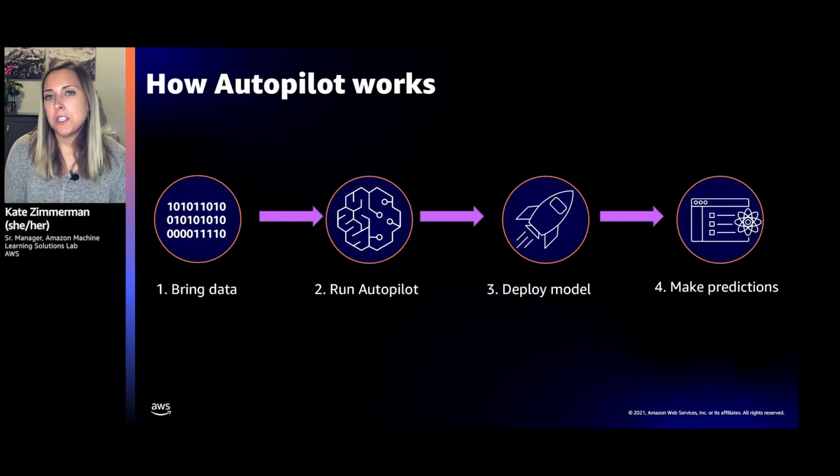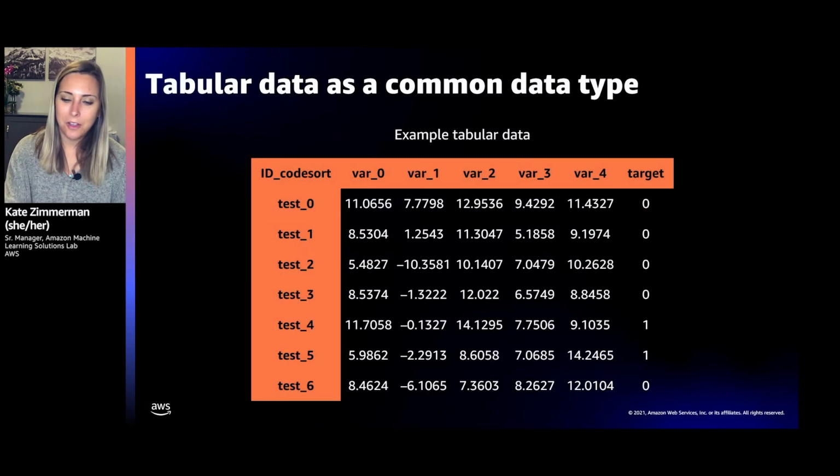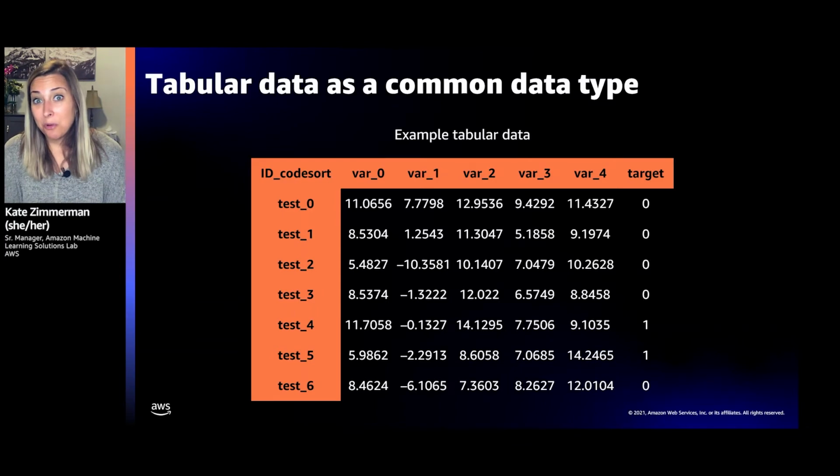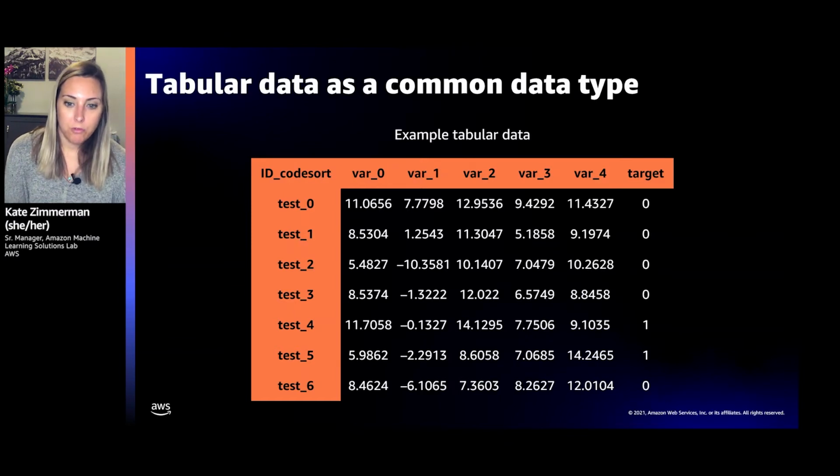Now, I mentioned that to use Autopilot, you have to have tabular data. So let's take a look at what that is. So tabular data is, you can think of it as like a spreadsheet, a table. It has rows, it has columns, and it can be all kinds of different values that will be inside that tabular data set. So here we have our columns as variable 0 through variable 4, and our rows are different tests, test 0 through 6.